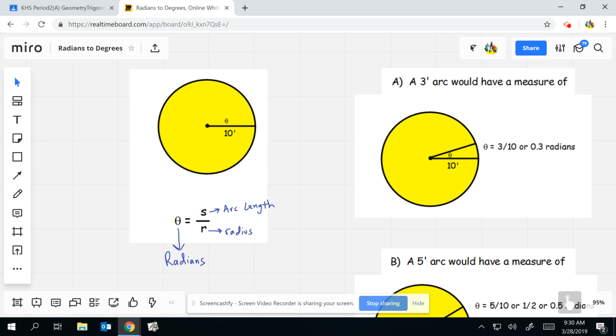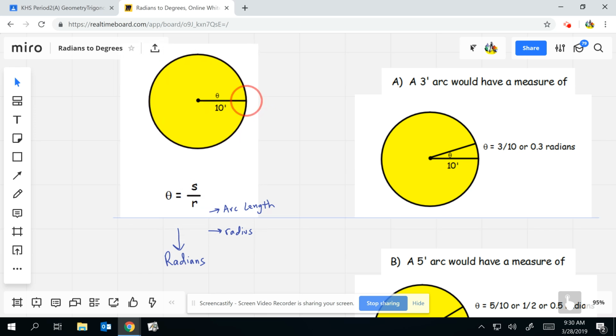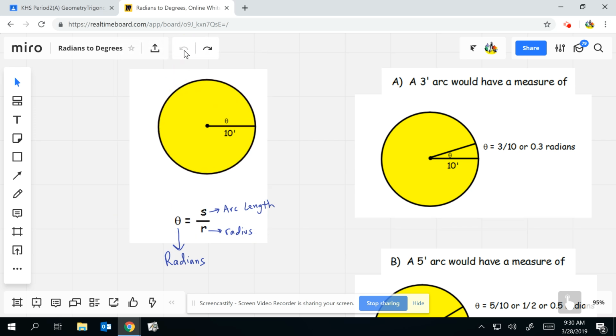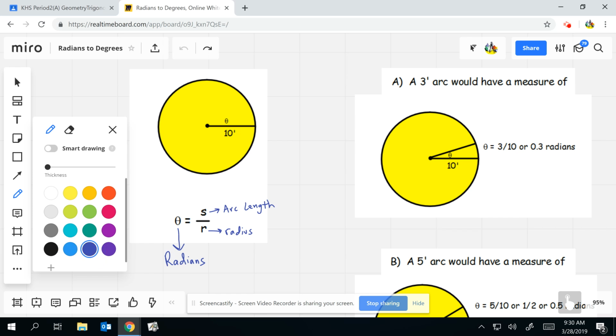Now, to get a radian angle, we need to take our arc length and divide it by the radius. So whatever the length of your arc is around it, you're going to divide that by the radius. So whatever this arc length is here, you're going to divide it by the radius of 10.